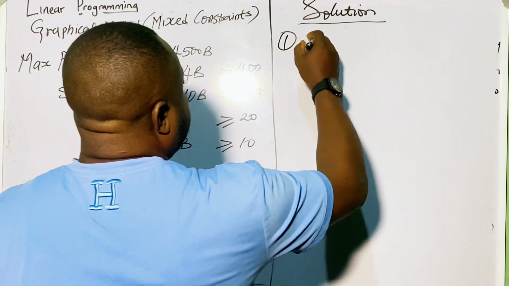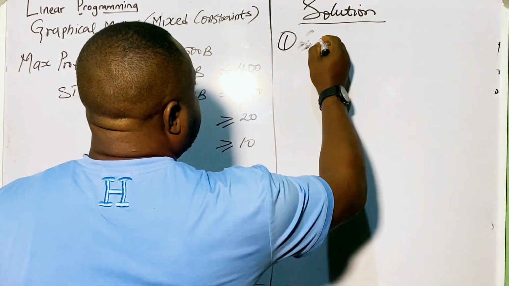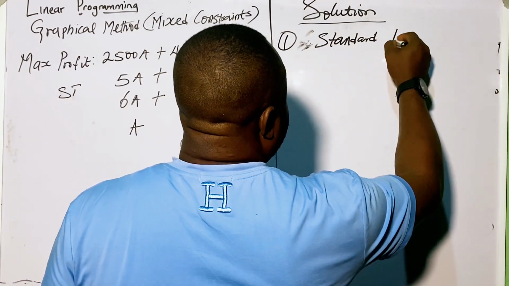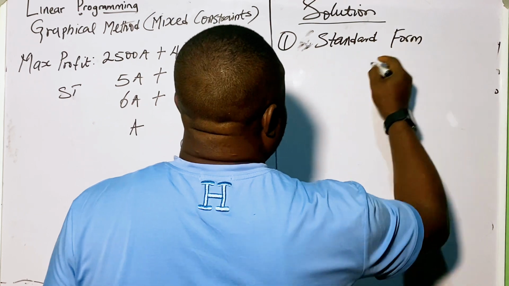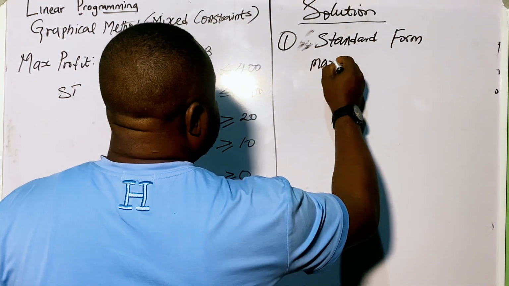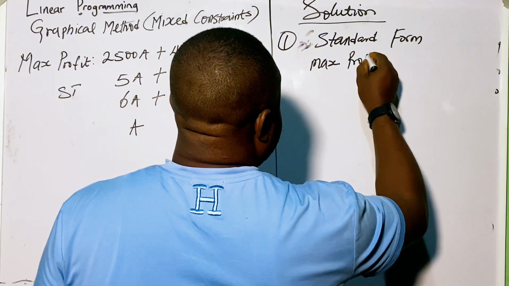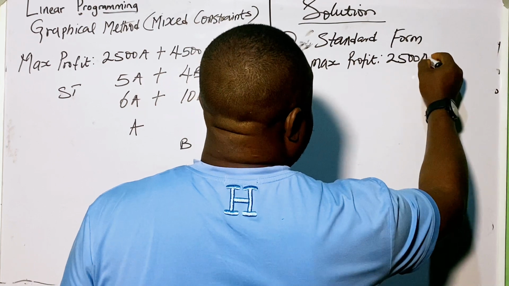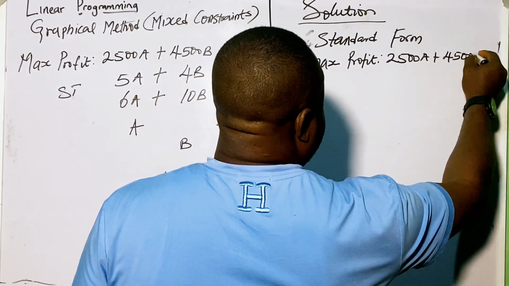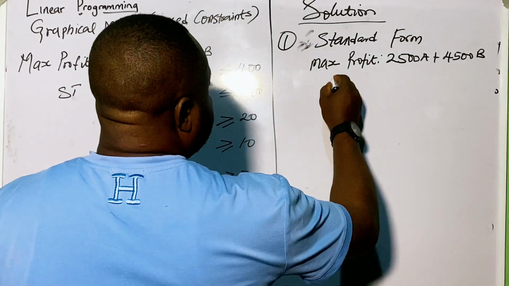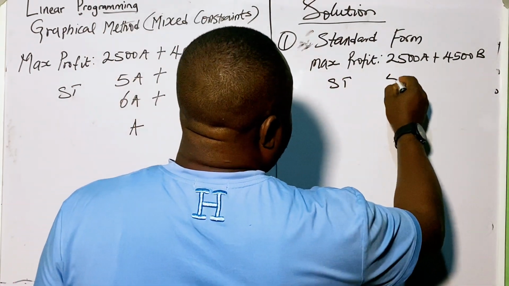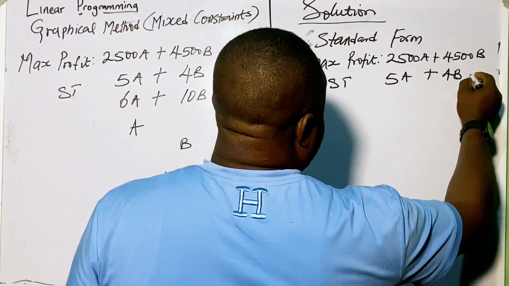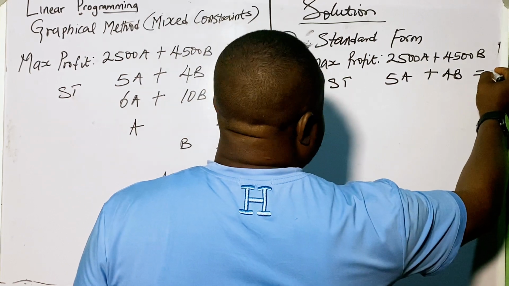So for this it's going to be maximize, so the standard form is: maximize profit, which is 20,500A plus 4,500B, subject to 5A plus 4B, which we will assume to be equal to 400.